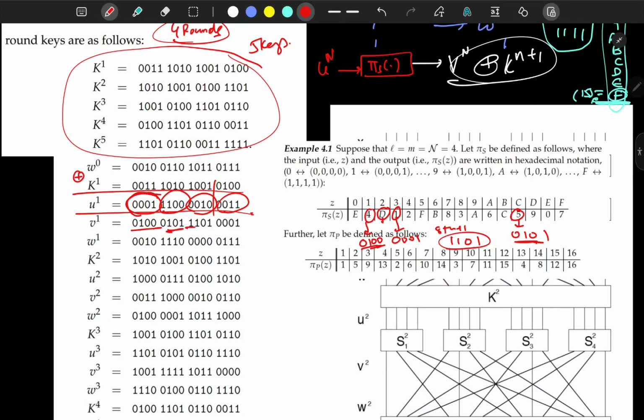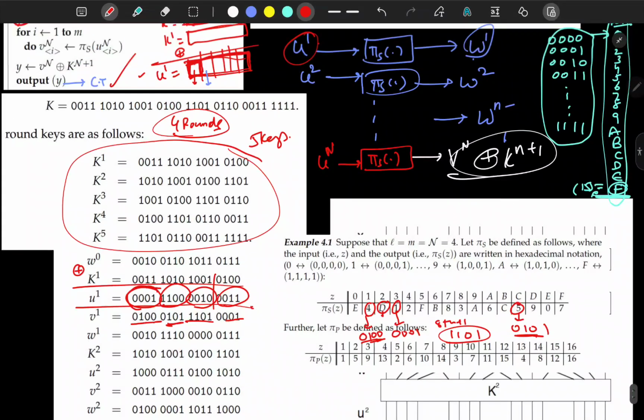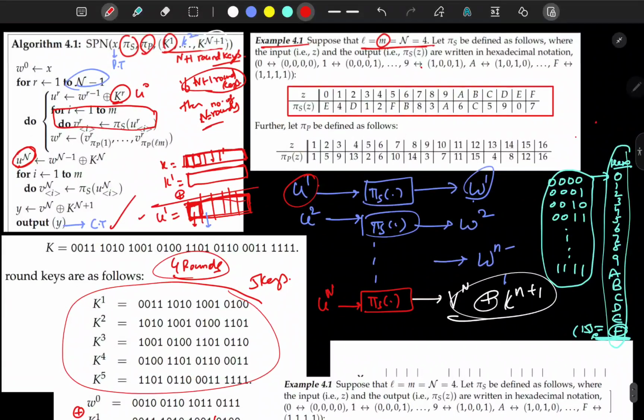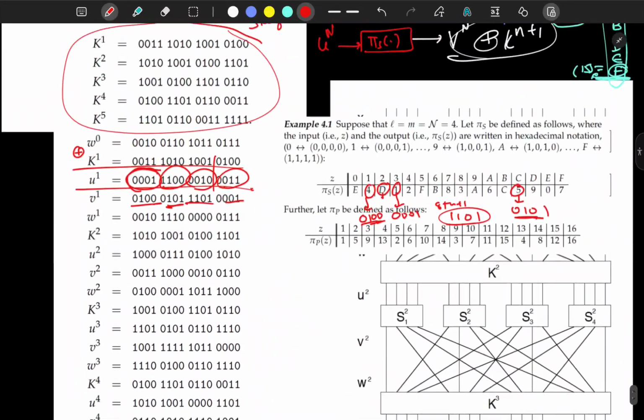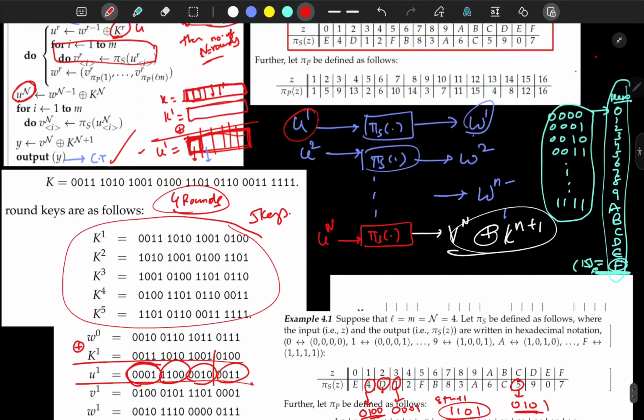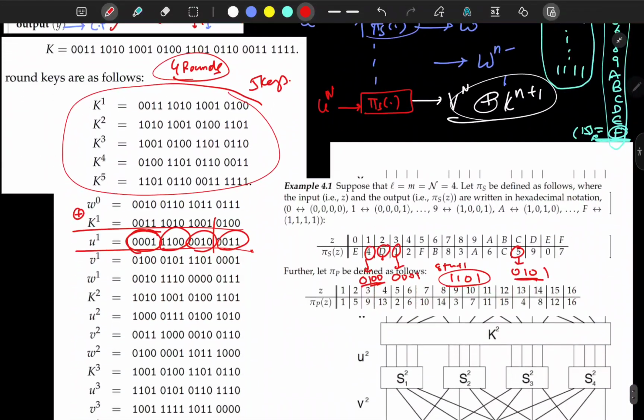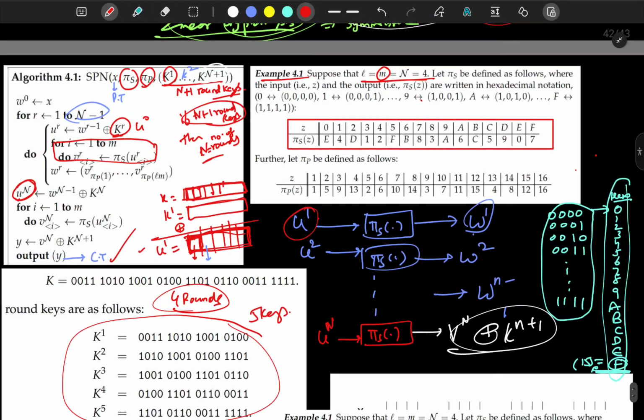After getting this one, now what we have to do means, actually see, bro, I have forgotten. Arey man, we have to update this now. This is permutation box. After getting this, sorry for my bad mistake.